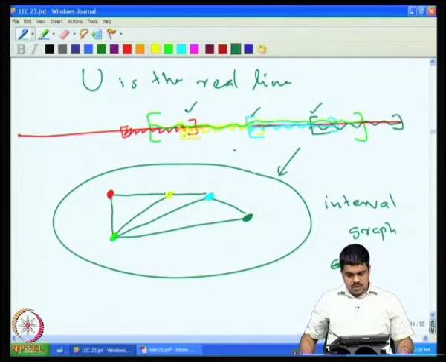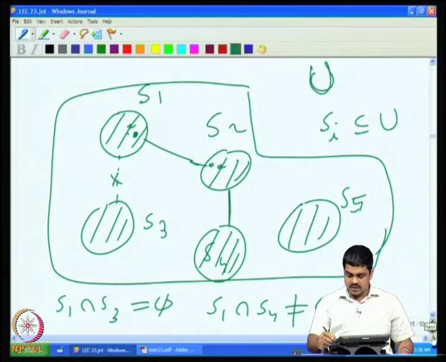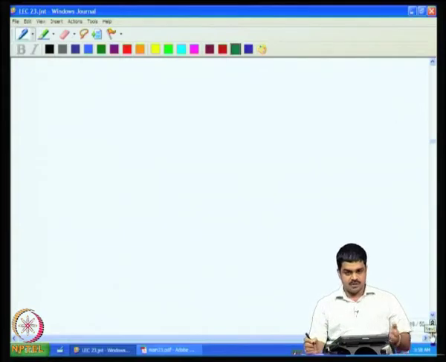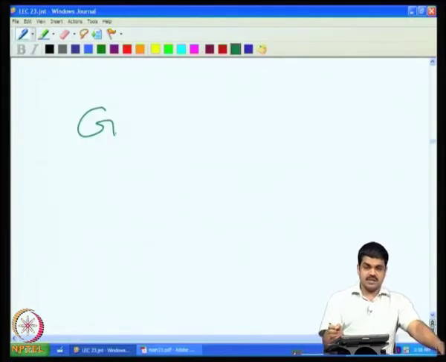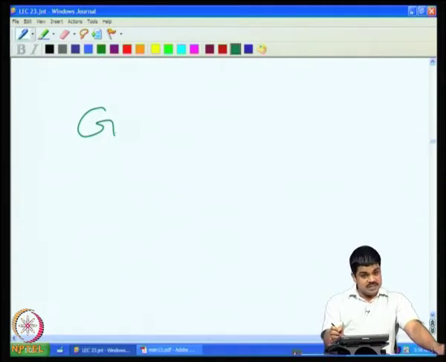Now, we have defined the interval graphs using a family of intervals on the real line. It is possible that you are given an undirected graph first, and you can ask, is it an interval graph? What does it mean?